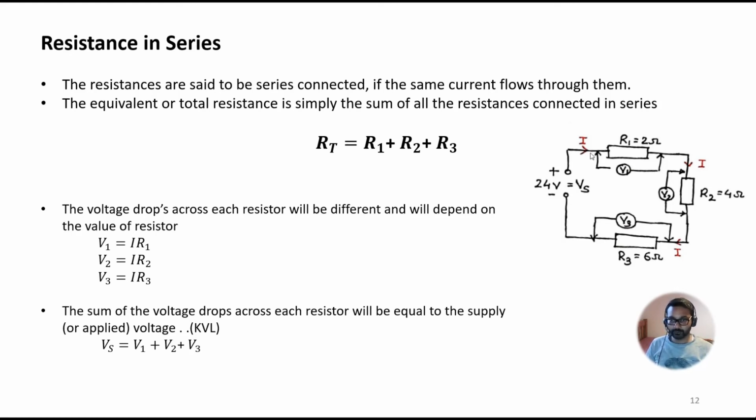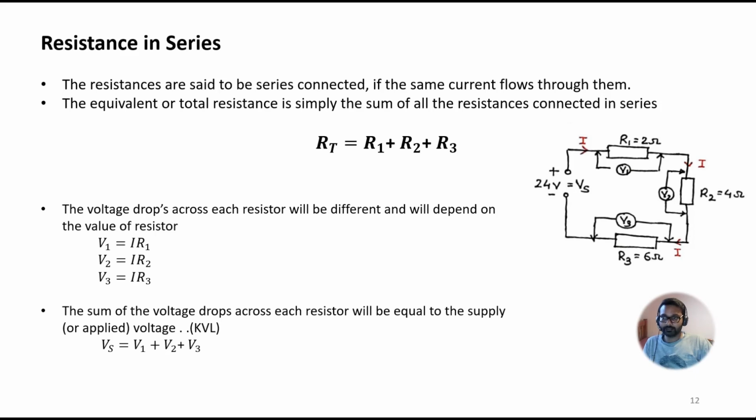So if you have something like here, if you have three resistances connected, and the same current is flowing through all of them, that is, the current is not getting divided, right? There is no other path for the current to flow. It has to flow through these three resistances. So the value of current will be the same, right? In such a case, you would say that your resistances are connected in series.